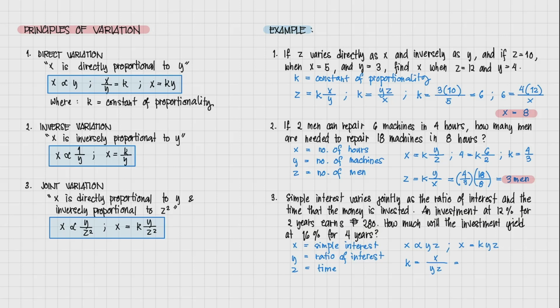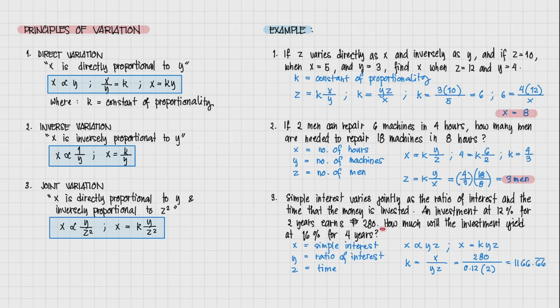Our X in that statement is 280 divided by Y, which is the ratio of interest, that is 0.12 or 12%. And our Z, or the time invested, is 2 years. So our K is equal to 1166.66.